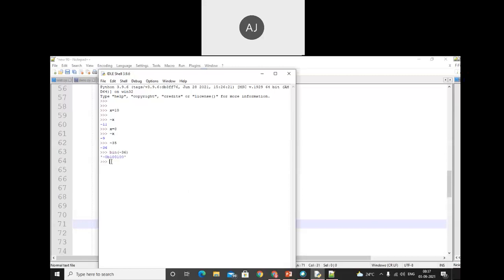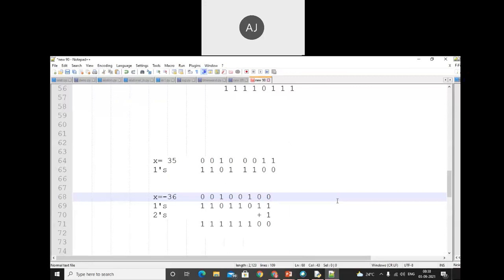We need to get 100 100 0 100. 16 plus 32, 32 plus 2, 34, we get this value.